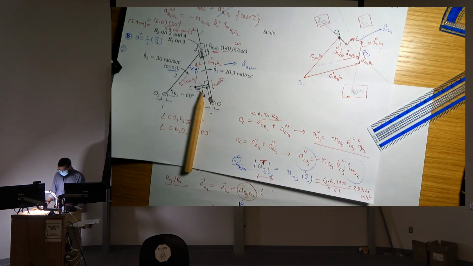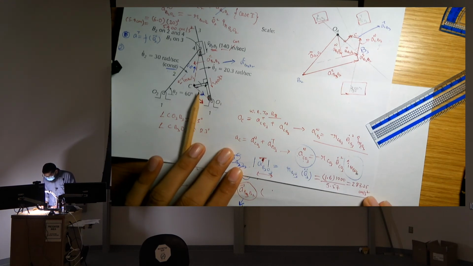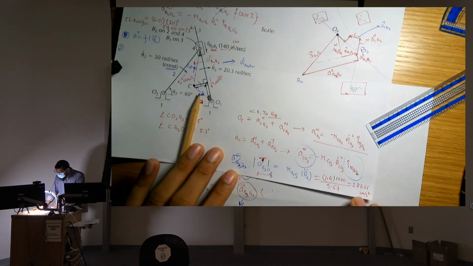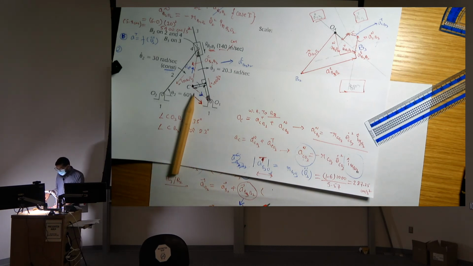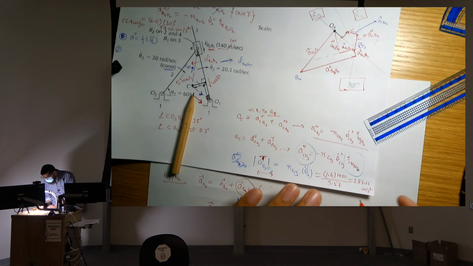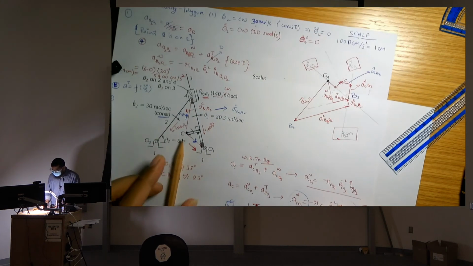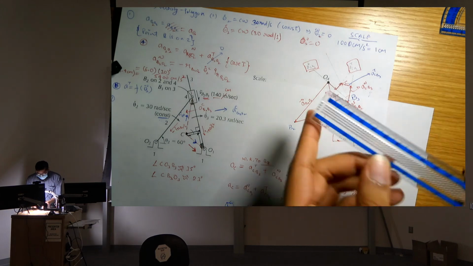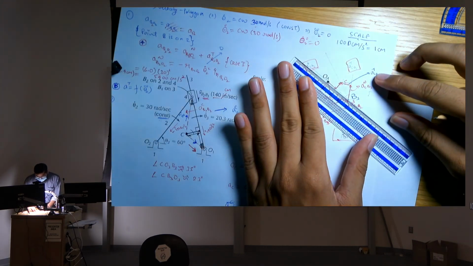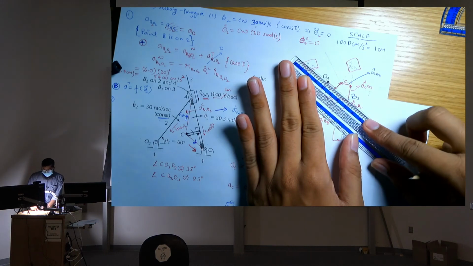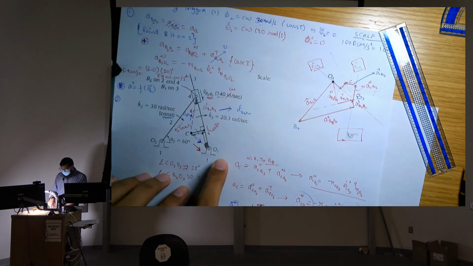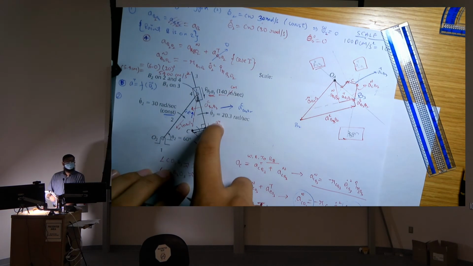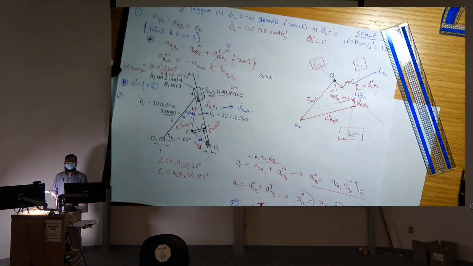And the direction would be clockwise, because if you see the net direction is in this direction, this net direction would try to rotate your link 3 in the direction in which it is rotating right now. That means your link 3 would speed up. So this is not a retardation, it's an acceleration.